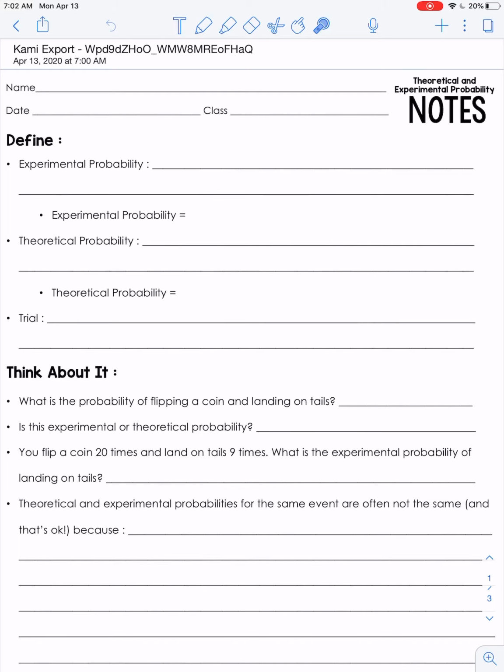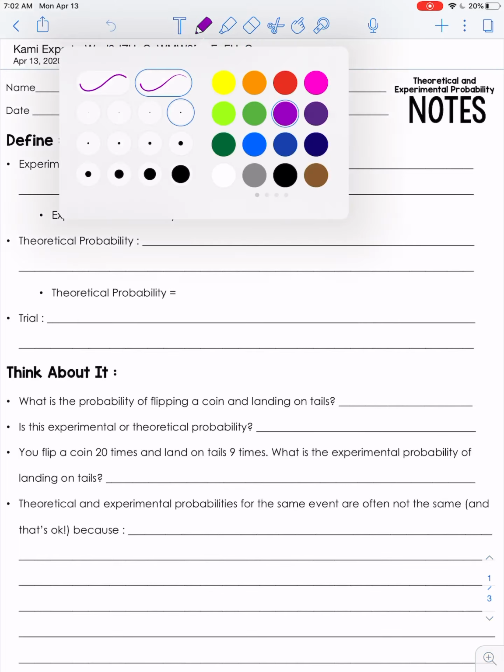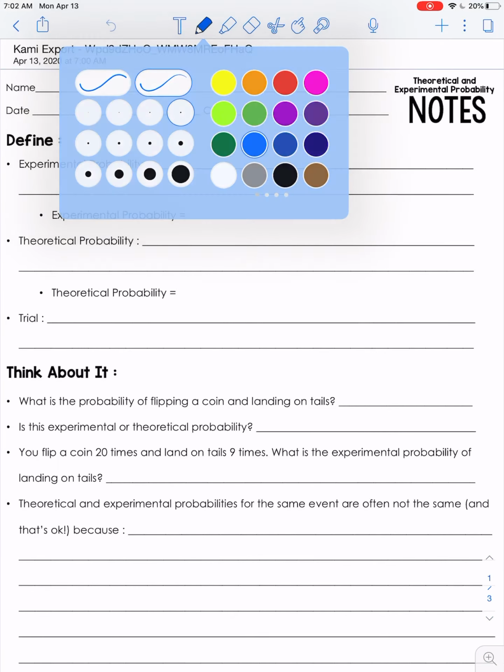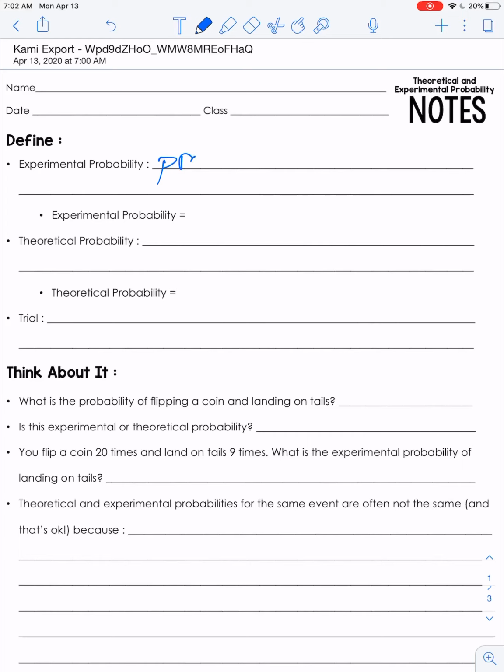Experimental probability is probability determined by the result of an experiment.